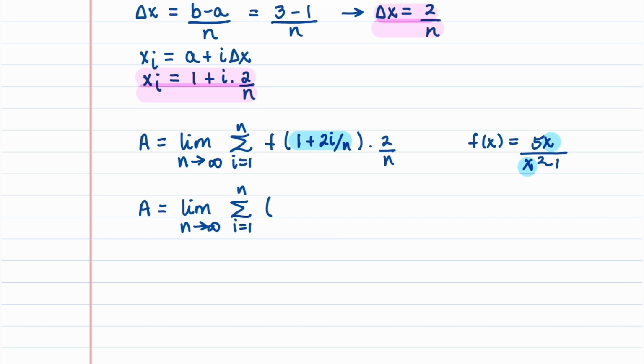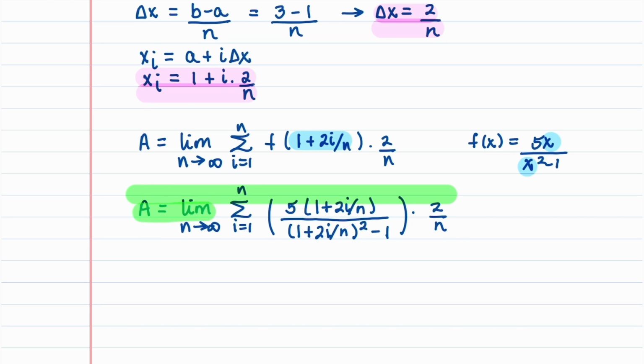I'm actually going to make a bigger parenthesis here. I'm going to need that. So we have 5 times 1 plus 2i over n in our numerator, and then in our denominator, we have x squared, so this is 1 plus 2i over n squared minus 1, and that gets multiplied by 2 over n. And that's all we need to do, and this is our final answer.